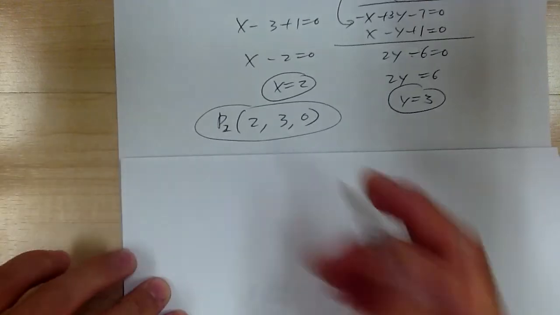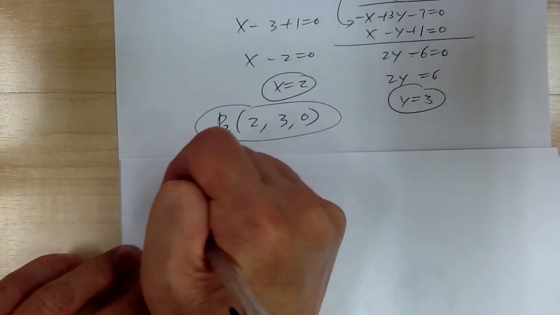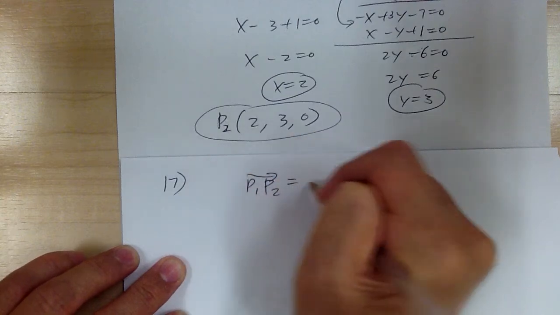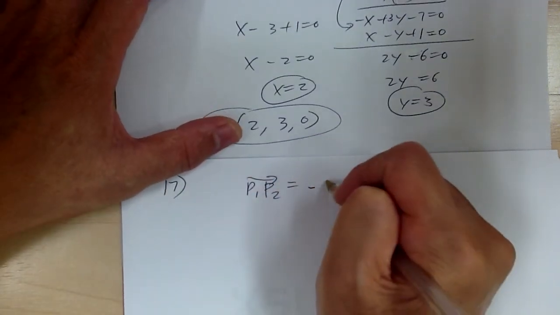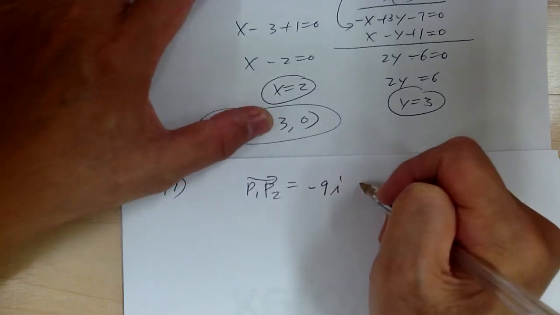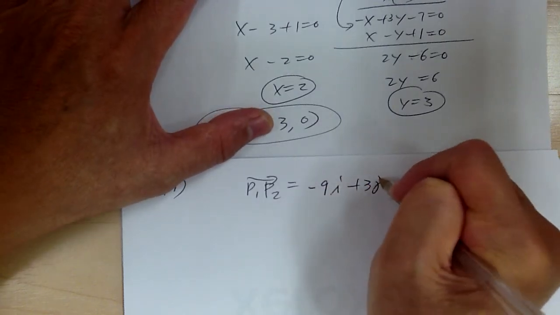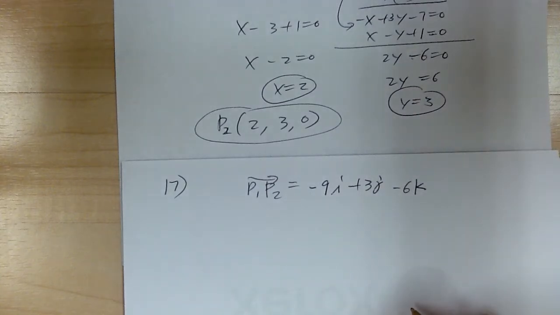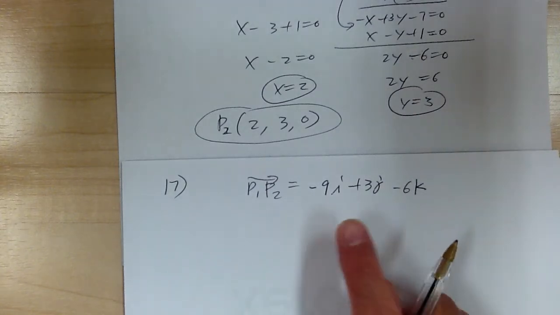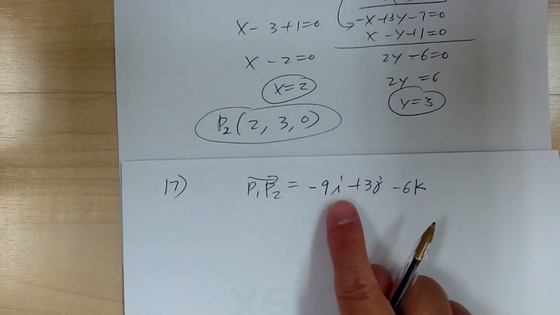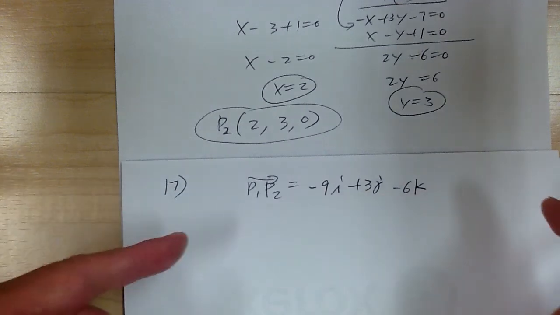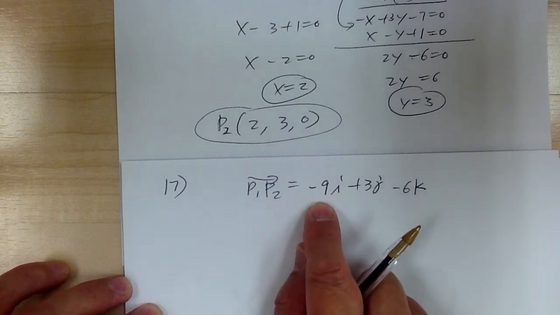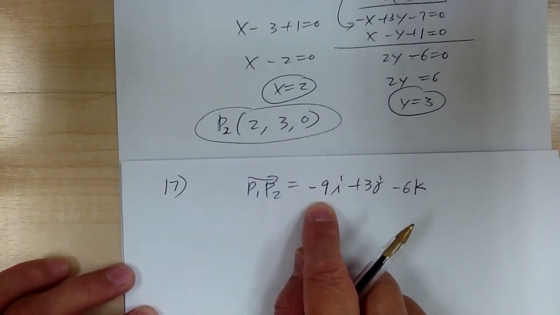Next, this is number 17. P1 minus P2, you have to subtract, so it will be minus 9i plus 3j minus 6k. Actually, this one you can divide by -3 or by 3; either way it doesn't matter.